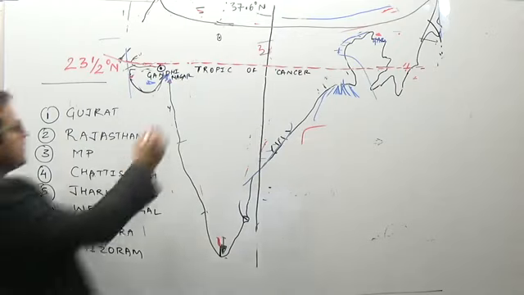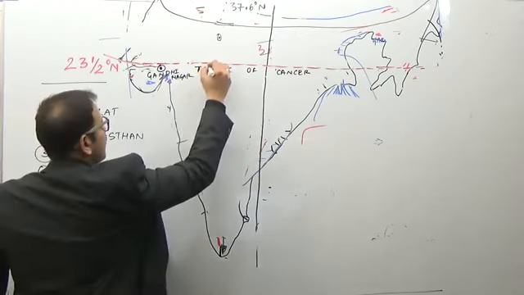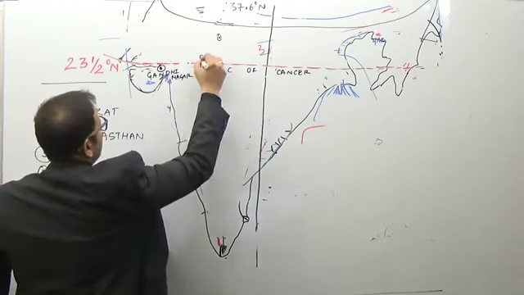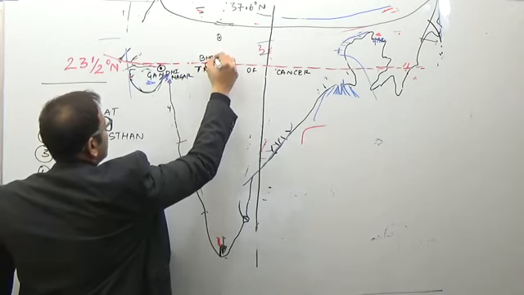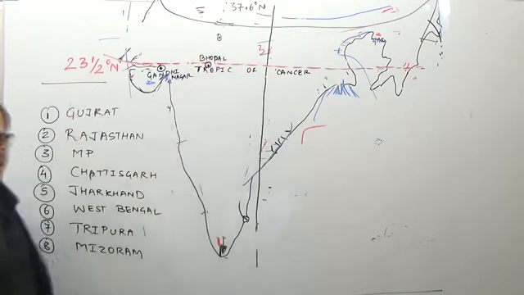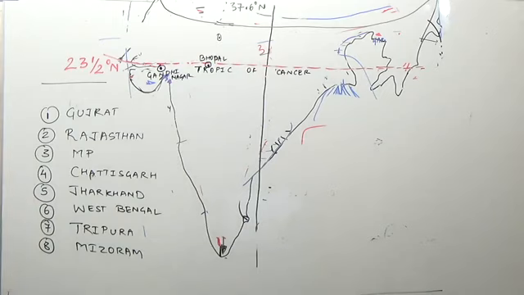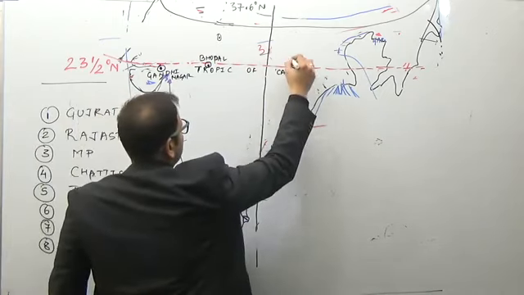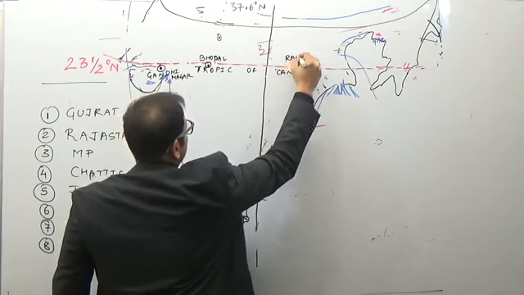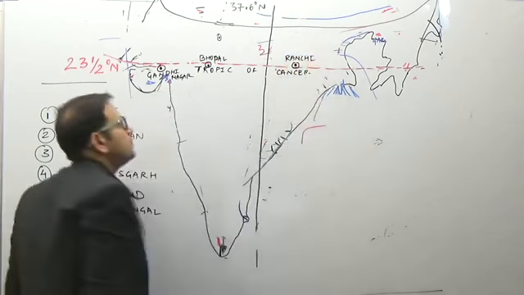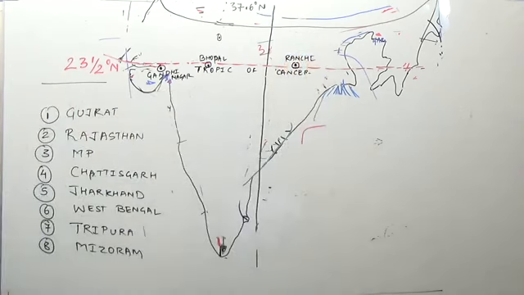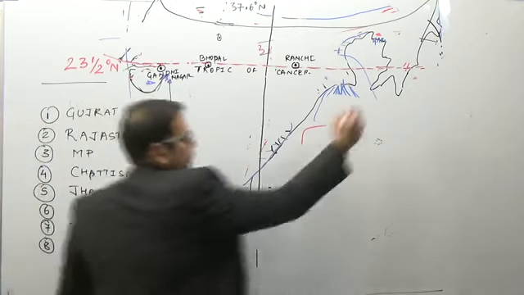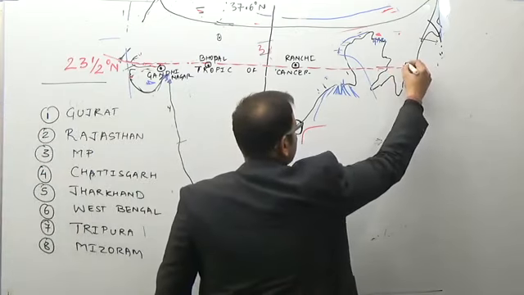The second capital city is Bhopal, the capital of Madhya Pradesh. The third capital city is Ranchi, capital of Jharkhand. The next capital city, which is very near, is Aizawl, the capital of Mizoram.